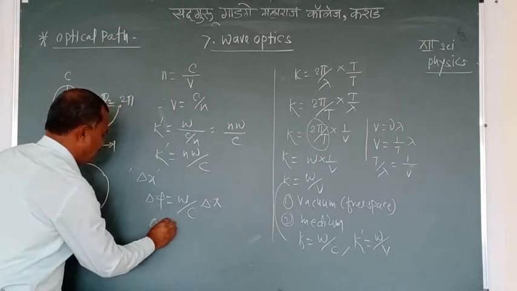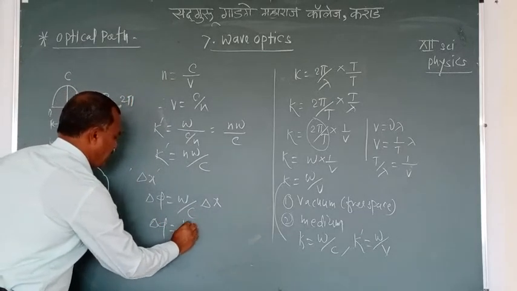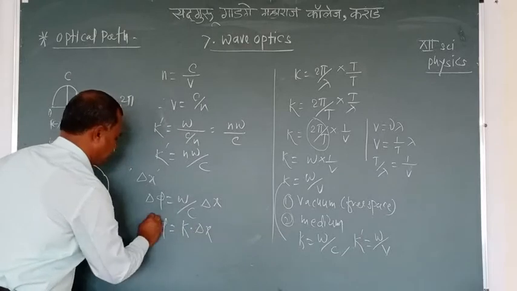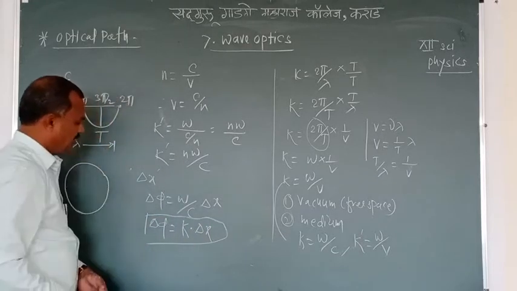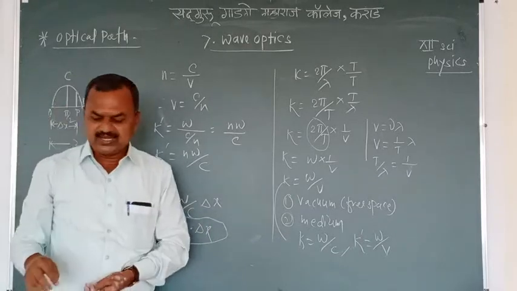Therefore, delta phi equal to K into delta x.